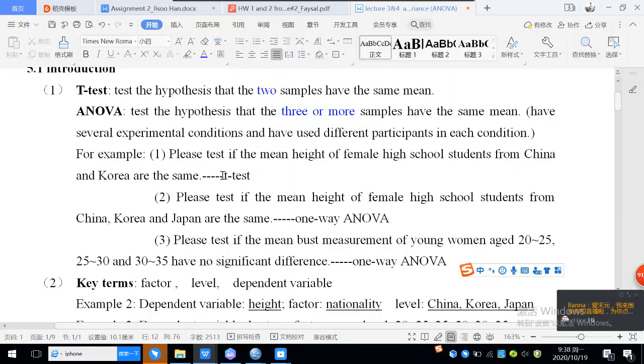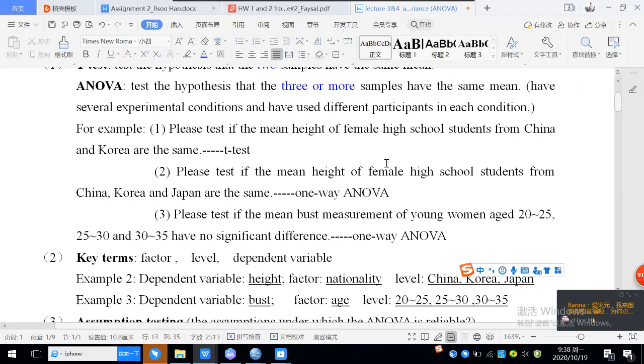In this case, we use the T-test. And if the question is, please test if the mean height of female high school students from China, Korea, and Japan are the same, then here we have 3 samples: China, Korea, Japan. With 3 samples, we need to use one-way ANOVA, not the T-test.